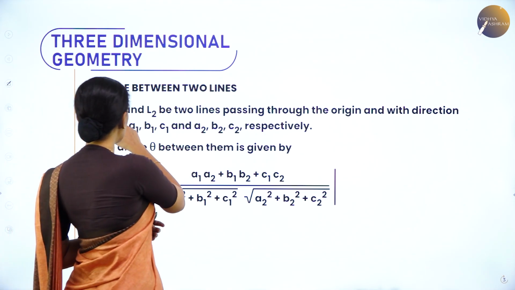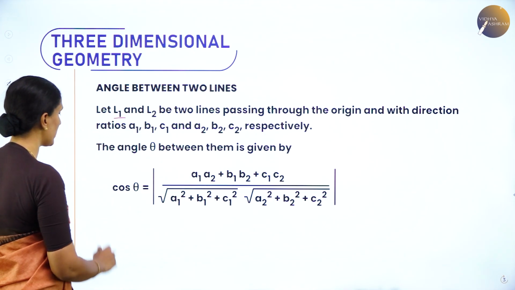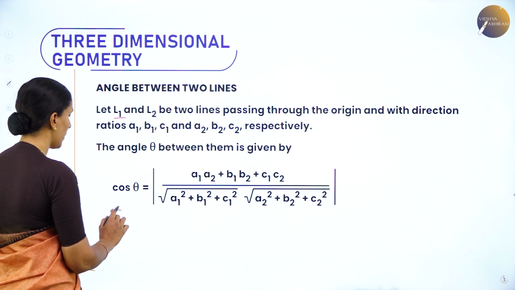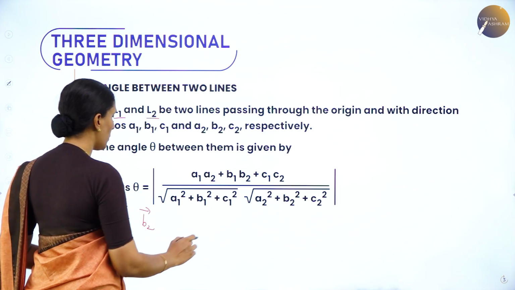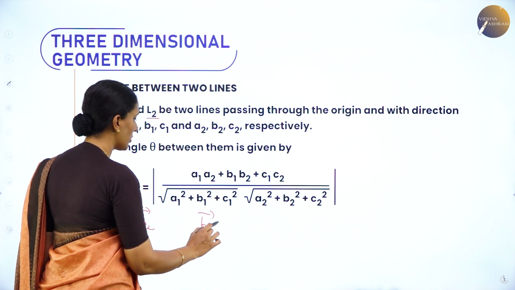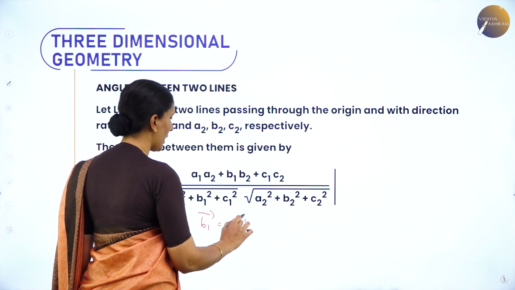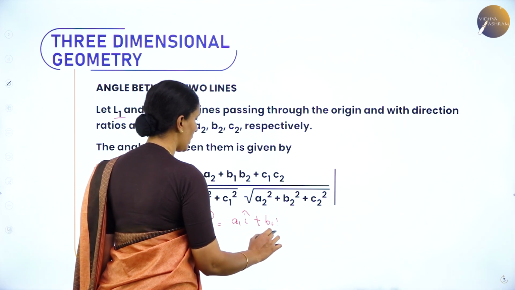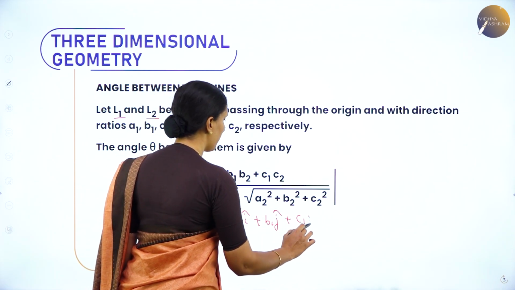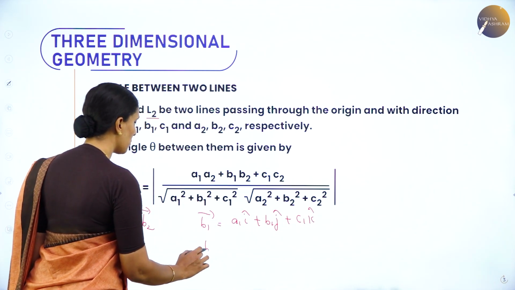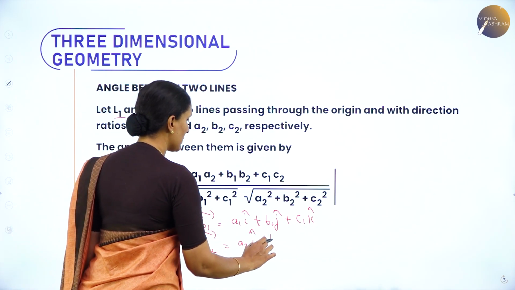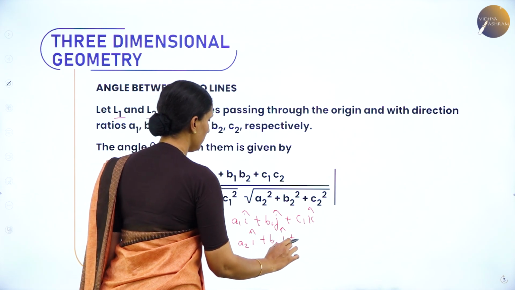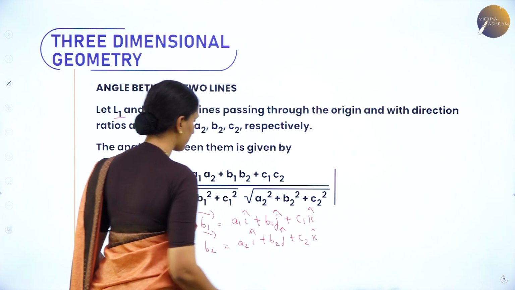Suppose L1 is parallel to some vector b1 and L2 is parallel to some vector b2, where b1 is A1 i plus B1 j plus C1 k and b2 is A2 i plus B2 j plus C2 k.